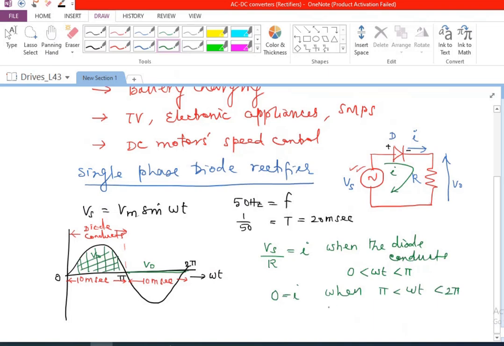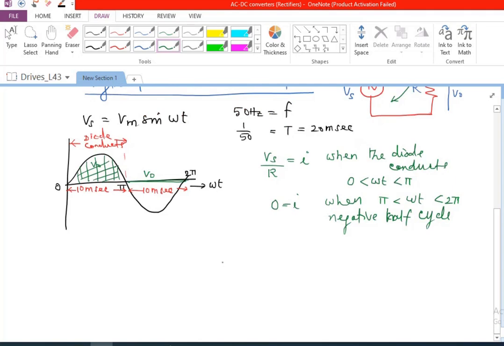So during the negative half cycle, the current is going to be 0. It is not going to conduct at all. So under this condition, if the output voltage is like this, then the current would be this voltage divided by resistance.